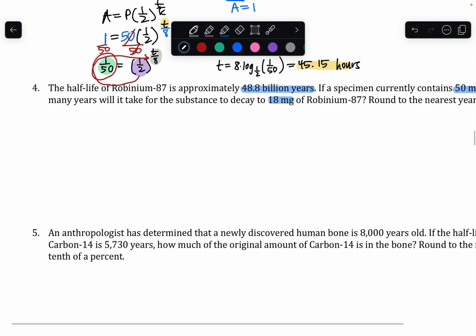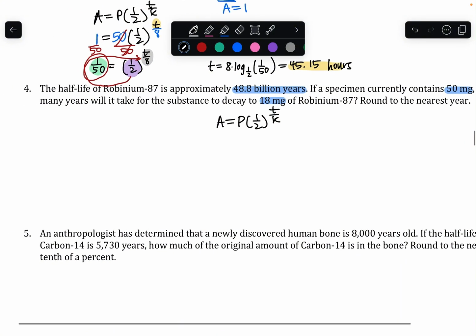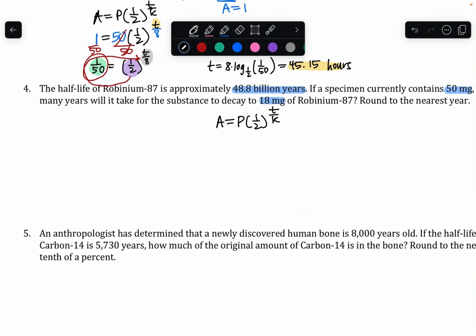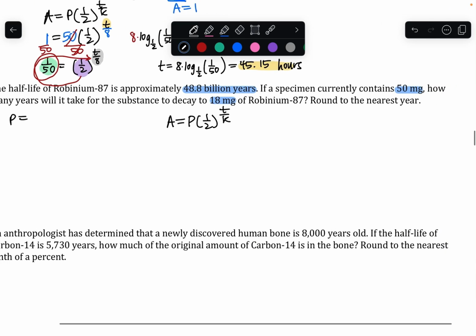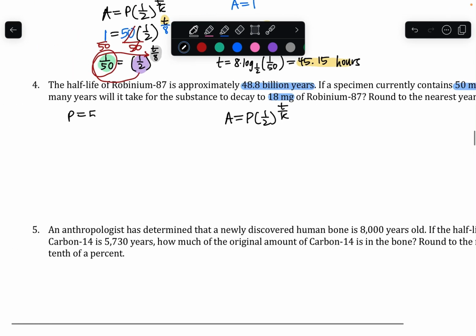All right, so because we're dealing with half-life, I'm going to go ahead and write the formula. And then some of our given information is we're starting with 50 milligrams.